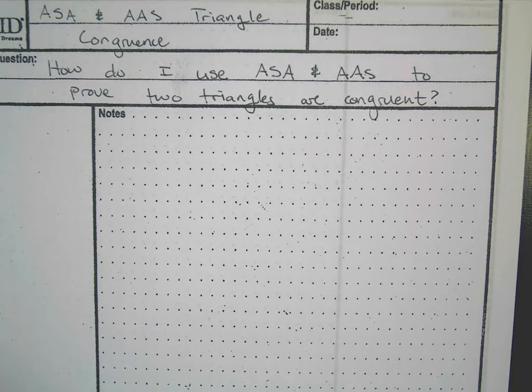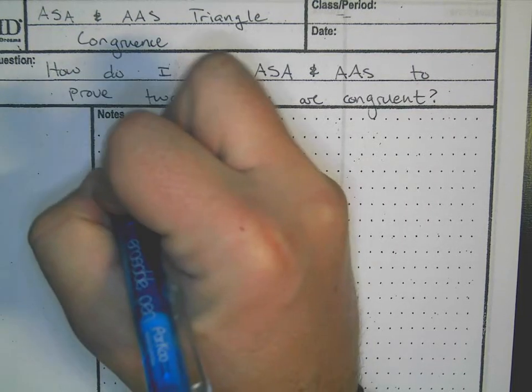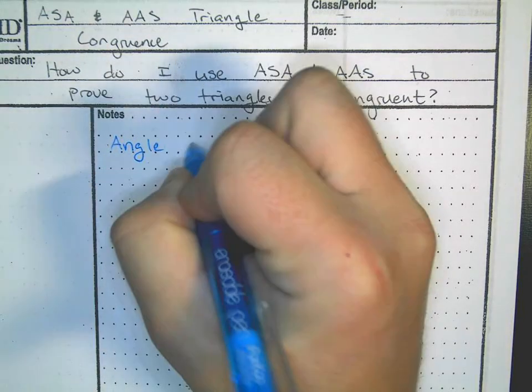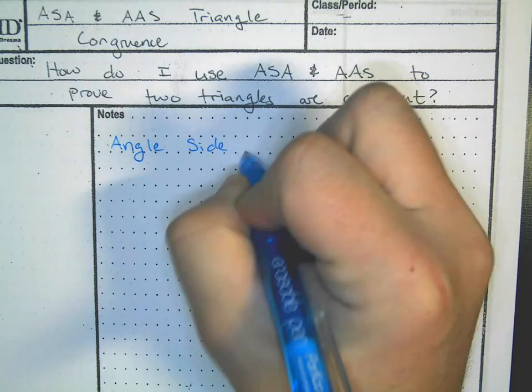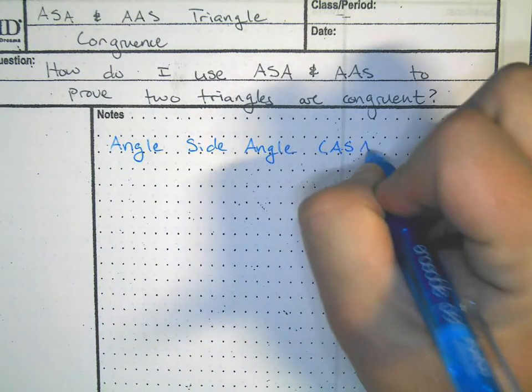So the first one we'll do is angle, side, angle, which will be our ASA.